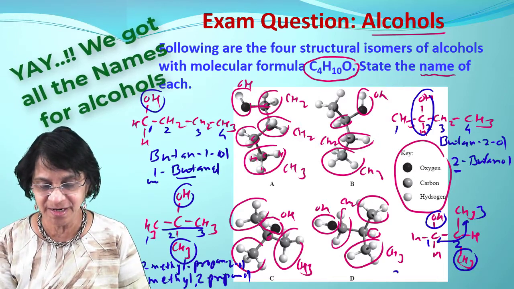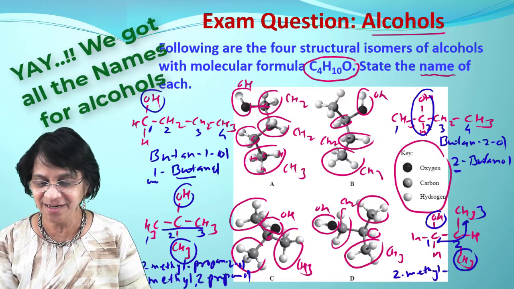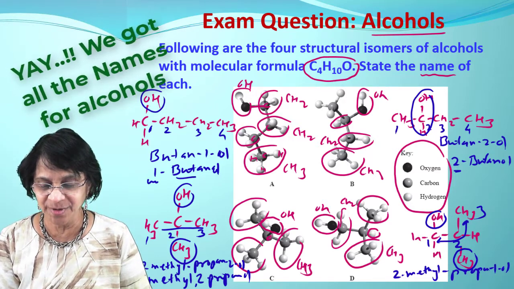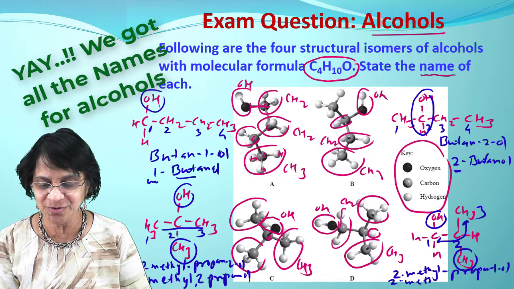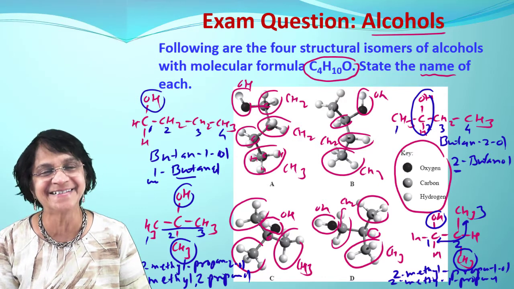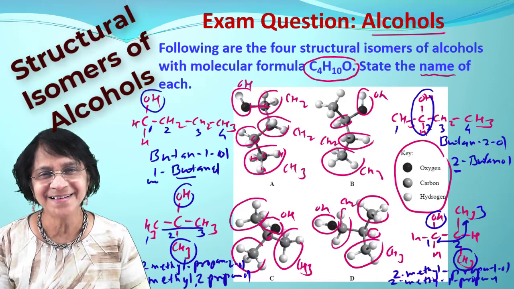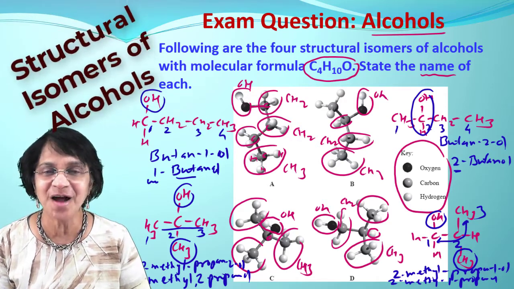So the difference will be 2-methyl, and it will be propan-1-ol, or it can also be 2-methyl-1-propanol. So all these 4 molecules are structural isomers of alcohols.